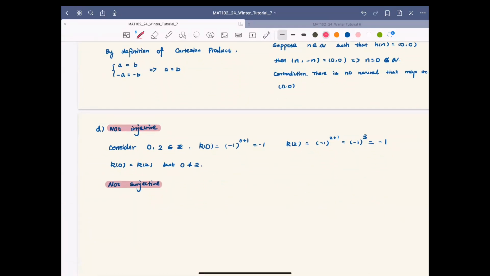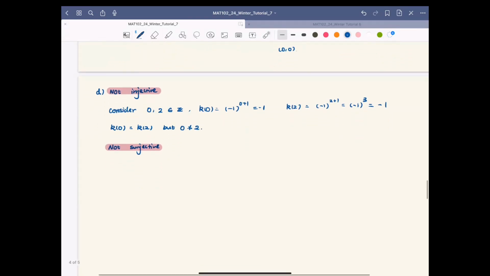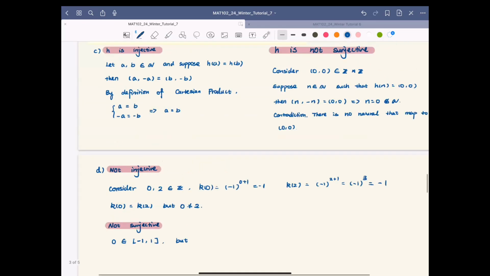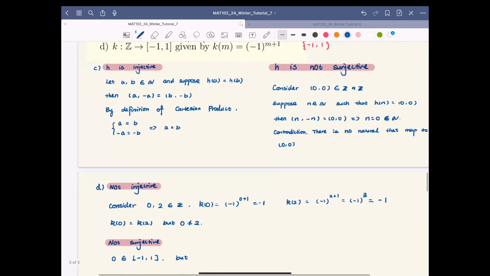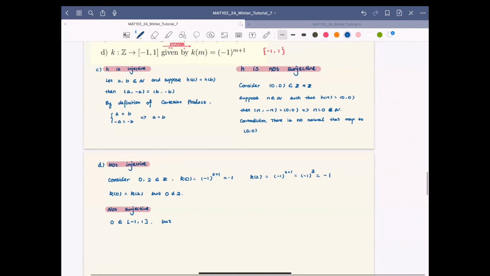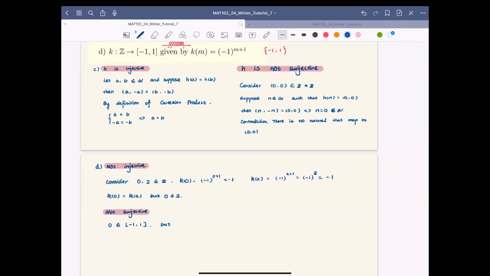So, for example, not surjective. 0 is in -1, 1. But k of... what do I say that is better?